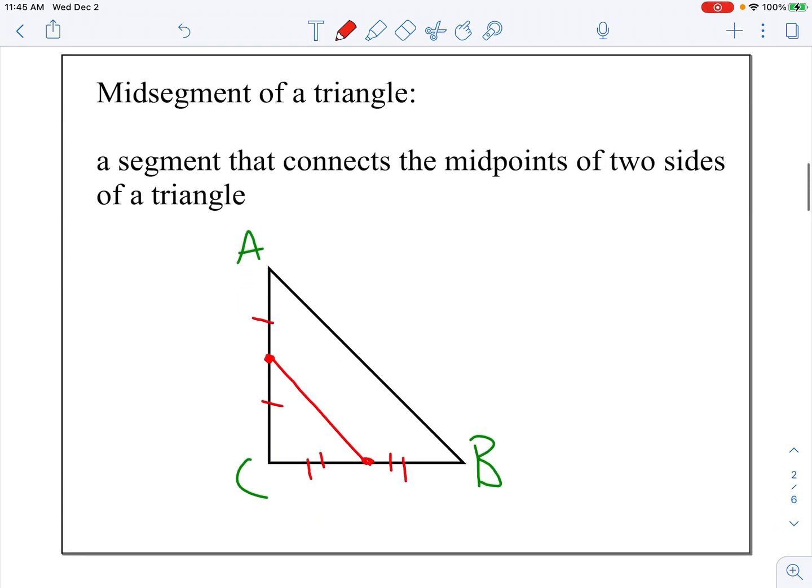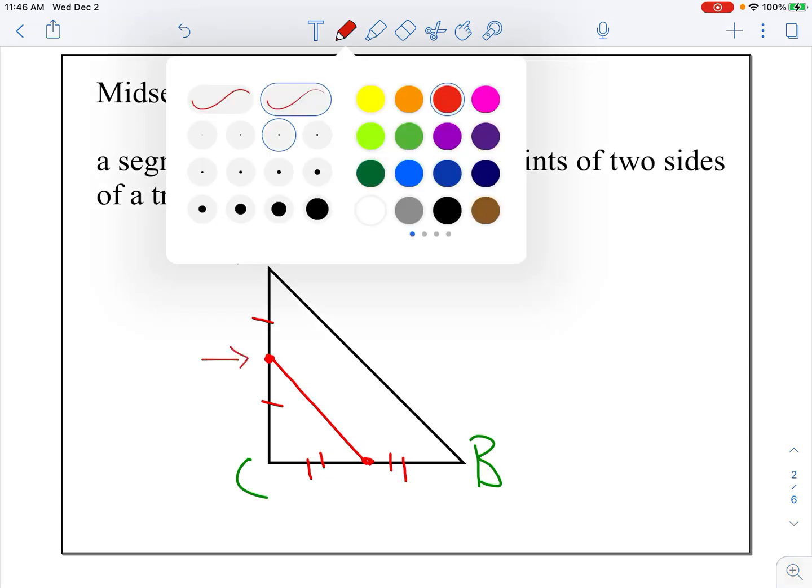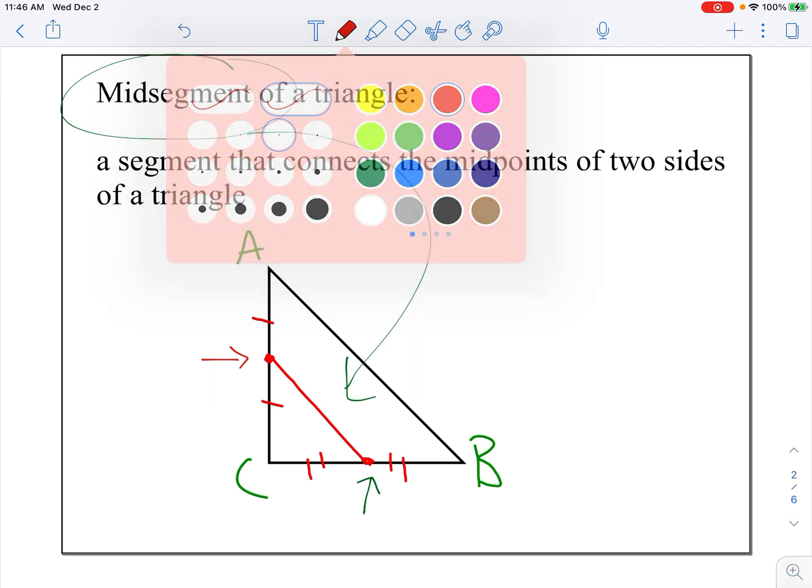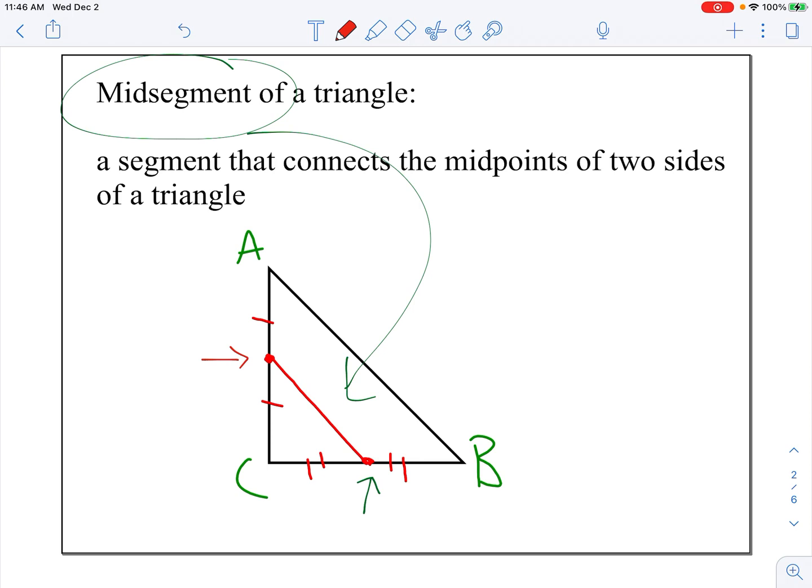A mid-segment of a triangle is a segment that connects the midpoints of 2 sides. So this point here will be a midpoint, and this point here would be a midpoint. That would make this your mid-segment. That mid-segment has 2 properties that we need to know. The mid-segment connects 2 sides.